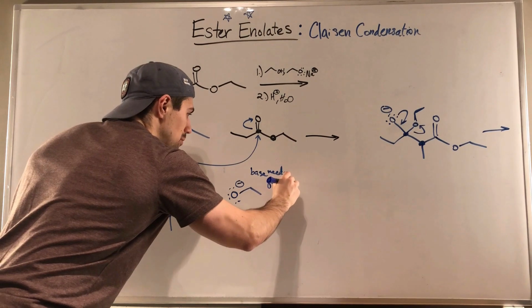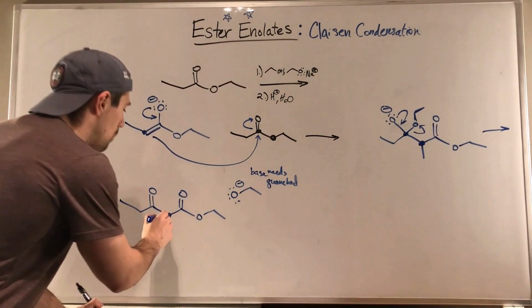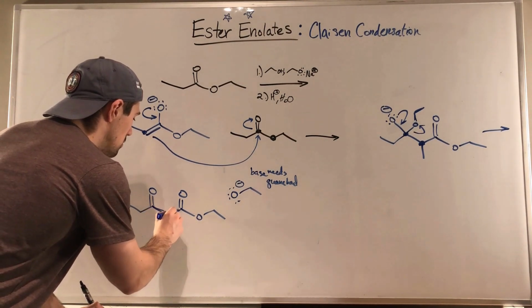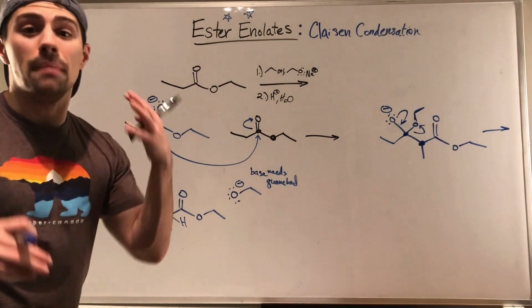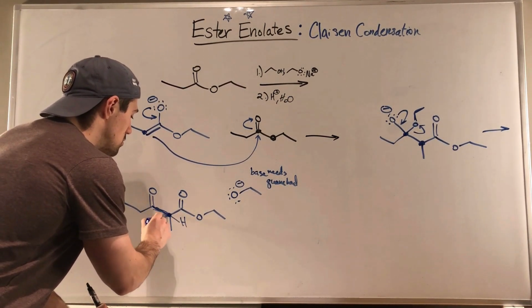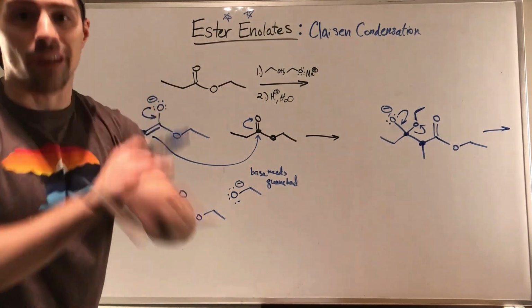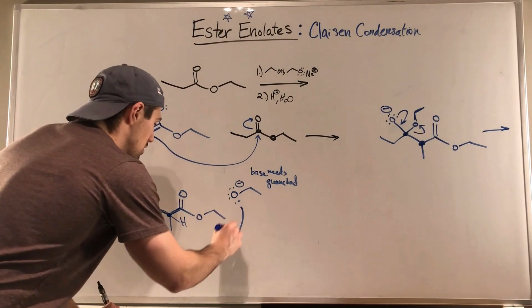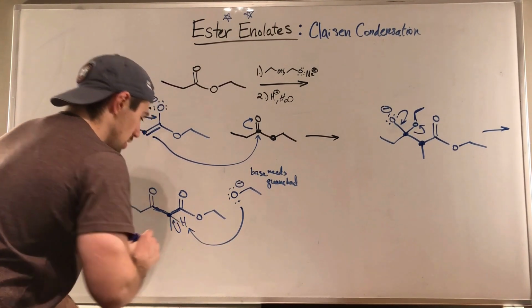You can do that by protonating it, and the most acidic proton in the molecule will be the one caught in between our new dicarbonyl species. So when you do a Claisen, this last step is mandatory. You have to have a proton on this carbon that lies in between your two carbonyls. If there is no proton there, the Claisen condensation will not happen. So because we do have a proton here, you can just dump the electrons onto that carbon.